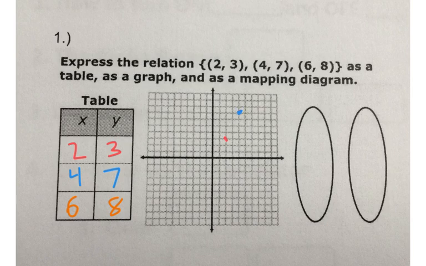And then 6, 8, we're going to go right 6, up 8. It's hard to do on this. Questions there about the graph?